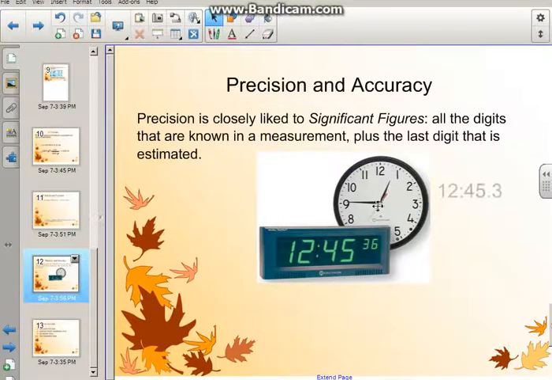But we know that this little red handle is telling us something about the seconds we can't really see. So I'm going to go ahead and guess it's 12:45.30 hundredths of a second. Now if we look at this digital clock, it tells us it's 12:45 and 36 hundredths of a second. This number has one more significant figure than this number, and that's because this clock is more precise than this clock. It is a better measurement of time.